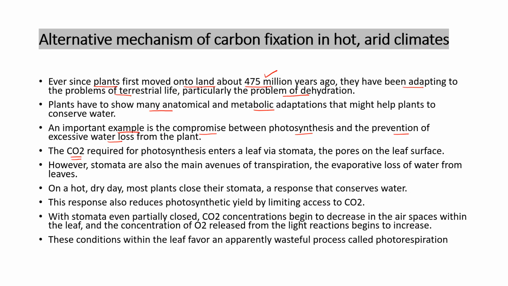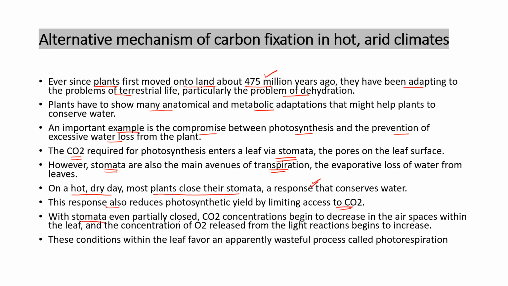Carbon dioxide required is entering through stomata. And the stomata are also the site from where transpiration occurs, meaning loss of water, so that the ascent of sap can continue. On hot and dry days, most plants will close their stomata, and this is a response to save water. This response also reduces carbon dioxide availability for photosynthesis.